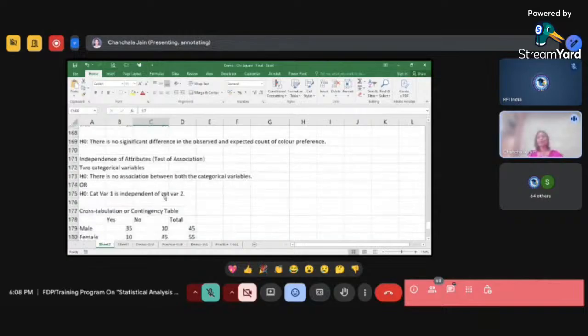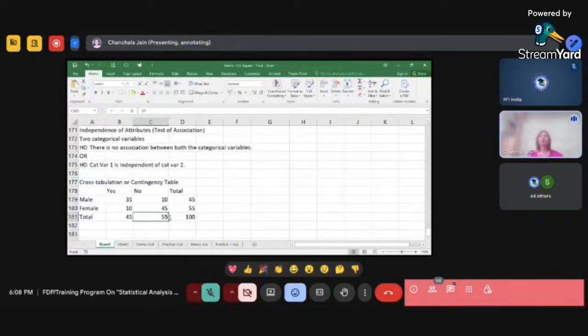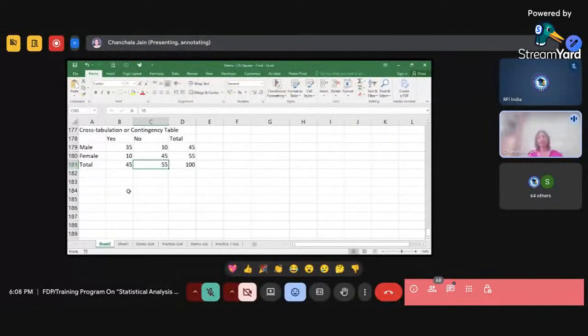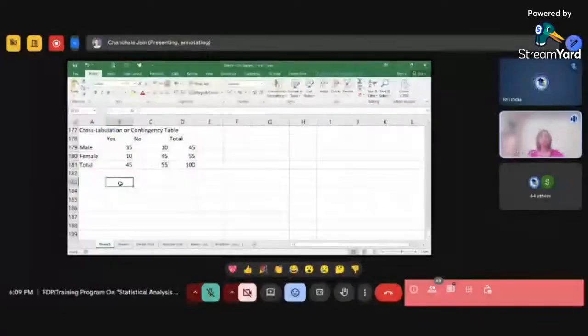But when you are using the contingency table, the formula is different for calculating the expected frequency. I need to make this clear here. Why am I telling you these calculations? Because Excel does not have any function which can directly give you the calculation of these expected frequencies, right?